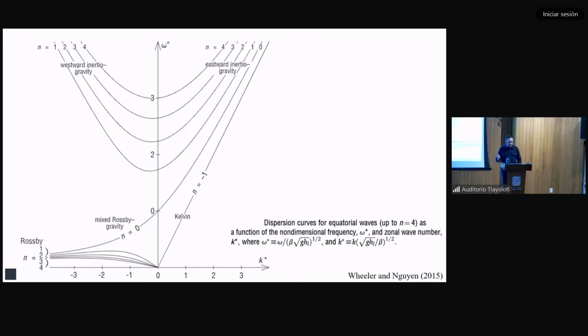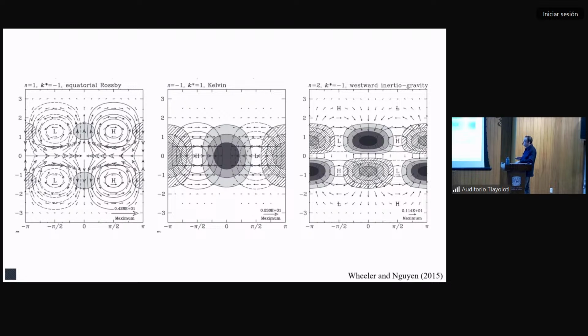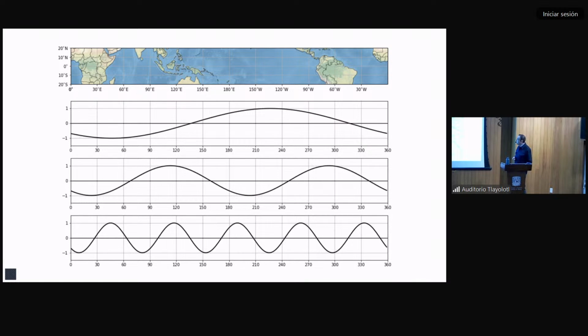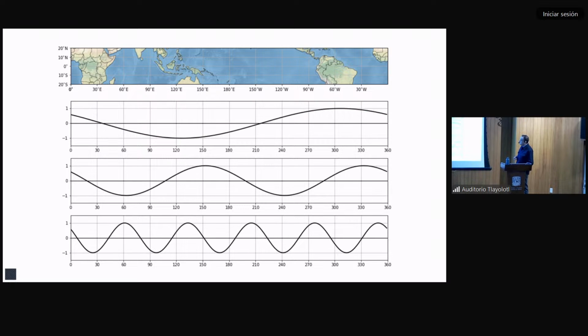So Matsuno ended up finding theoretically that in the tropics it's possible to have waves that are trapped in the equator that move to the east or move to the west, but only four kinds of waves. And also they have meridional structures that can be symmetric or antisymmetric about the equator. So Matsuno found that it is possible to have waves in the tropics, but they don't look like this.